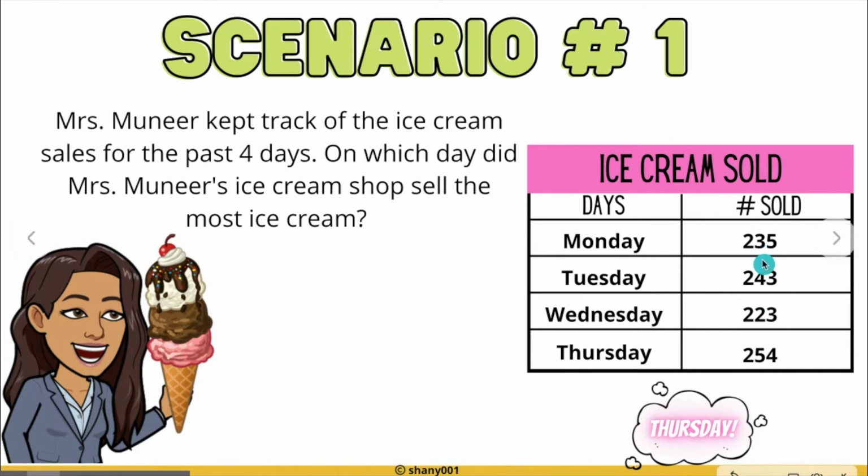But let's look over here. There's a 3, 4, 2, and 5 in the tens place. Which number is the biggest? 3, 4, 2, or 5? 5 is the biggest, which means Thursday was the day the most ice cream was sold.